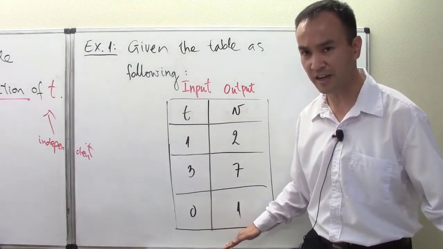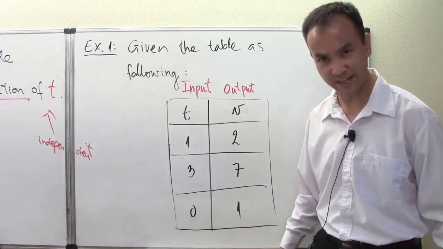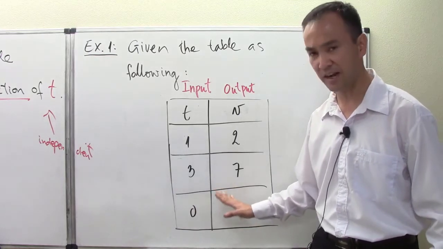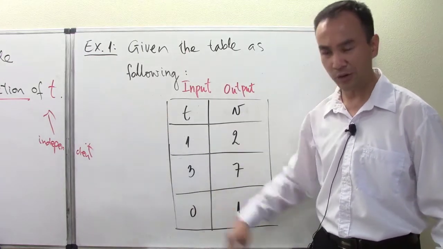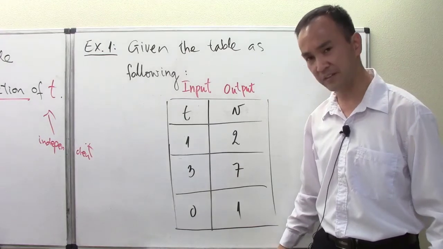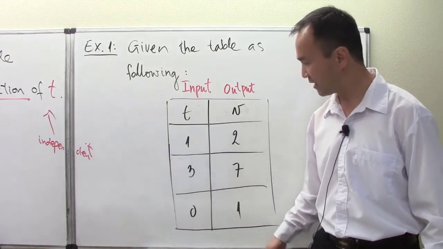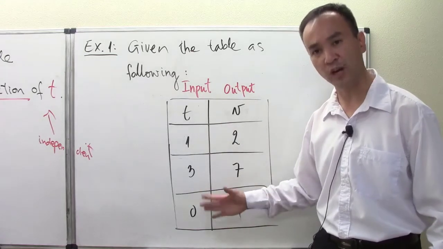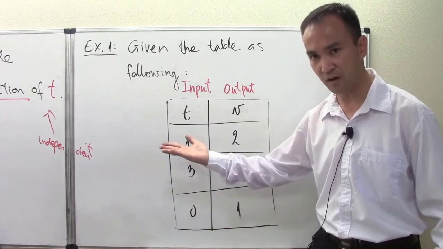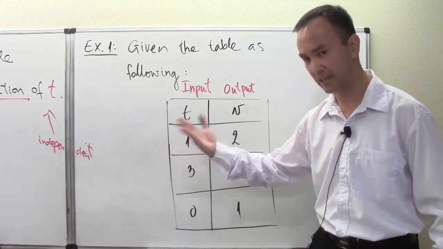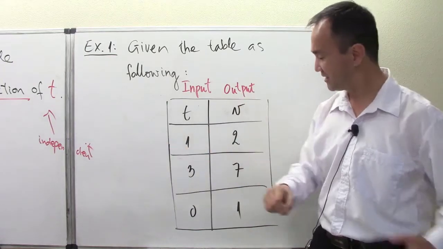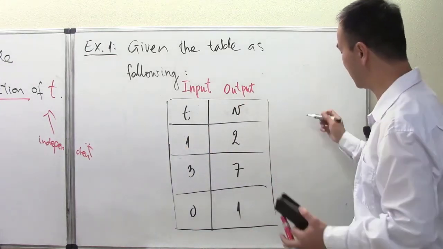It doesn't have to be a common rule or anything like that. You have seen this kind of example in the video lesson I delivered earlier, when I was introducing function and function notation. So this table already represents a rule itself, some rule that we know explicitly or not, which is not important.